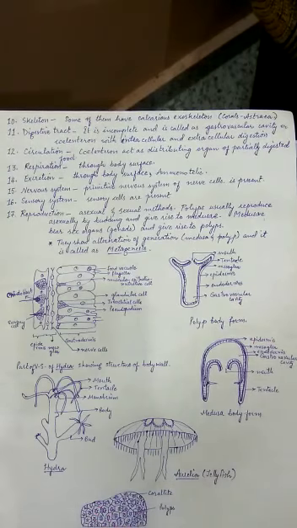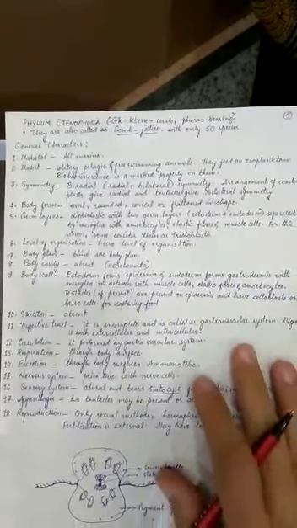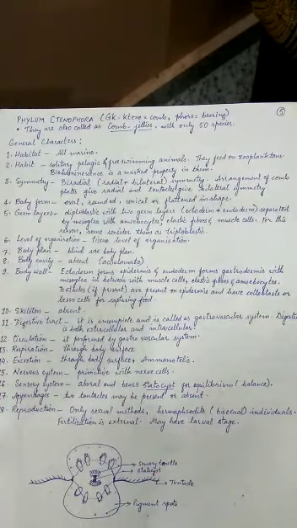Now the next one to start with is the phylum Ctenophora. The phylum Ctenophora, I just told you, is the most recent one to be separated from the coelenterates. Their name stands for comb-bearing animals, because they have comb plates on their body, and they are called comb jellies also, with just 50 species.